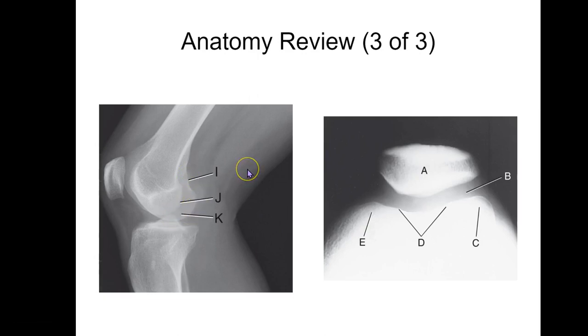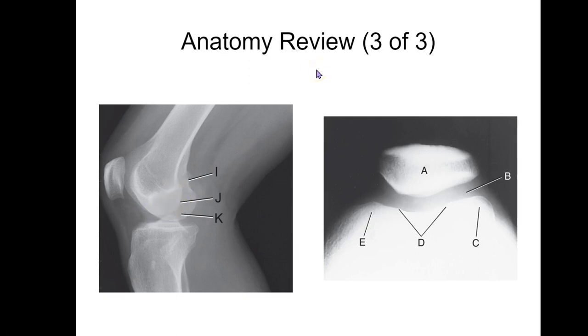The adductor tubercle is only on the medial side. So if you see it, this could never be the lateral condyle, okay? And we'll talk about this more in lab, but K is the medial condyle, I is the adductor tubercle, and J then has to be the lateral condyle.